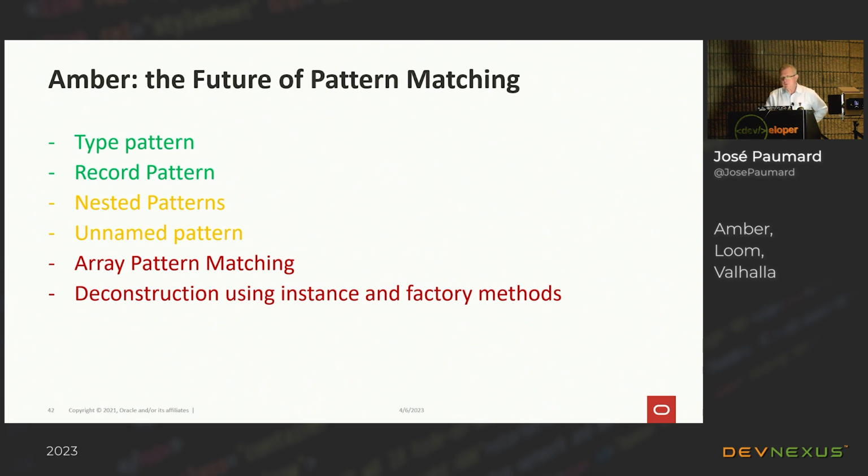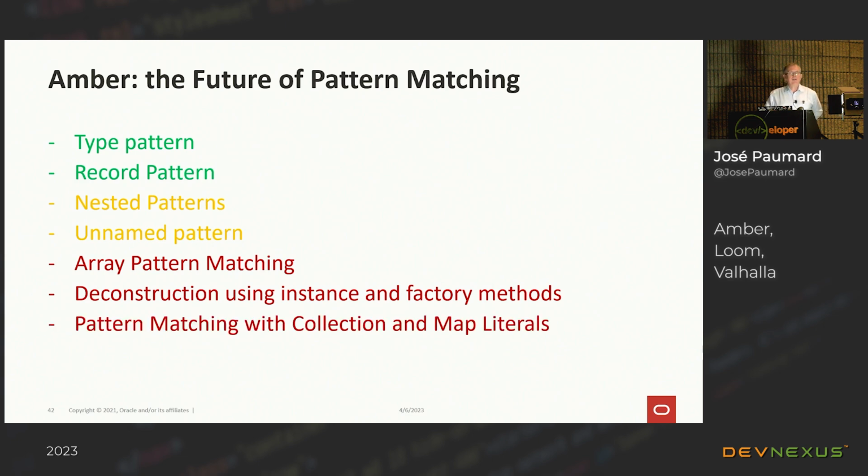That's the plan of this deconstruction. And ultimately, if one day in Java we have literals to build lists and maps, as people have had in C#, for instance, for years, then you could also imagine having patterns to deconstruct using syntax similar to literals. So that's for the future of pattern matching.